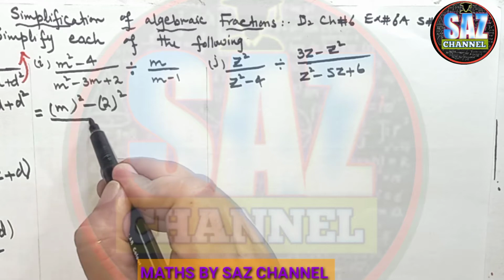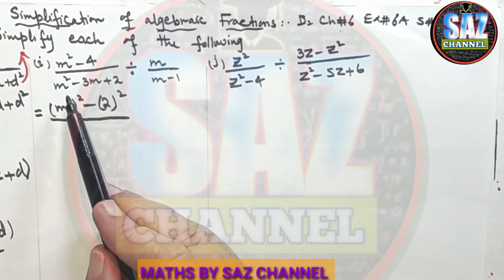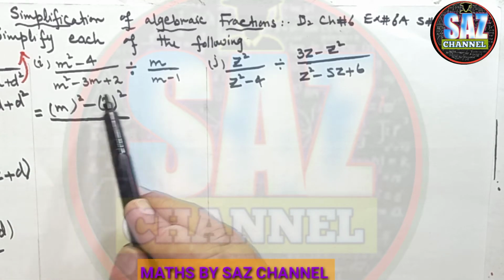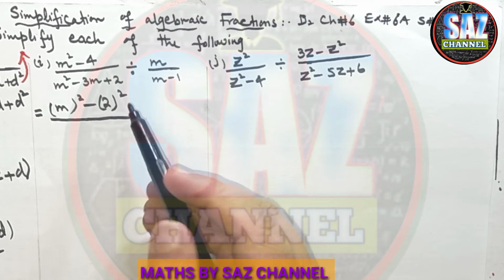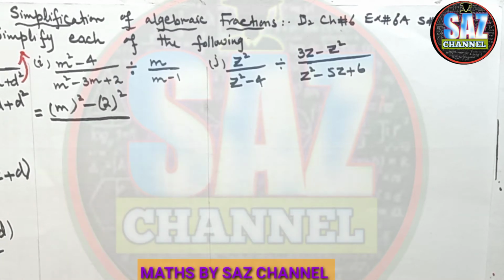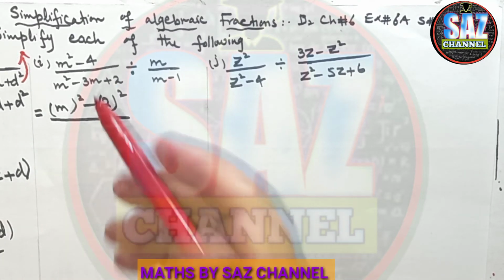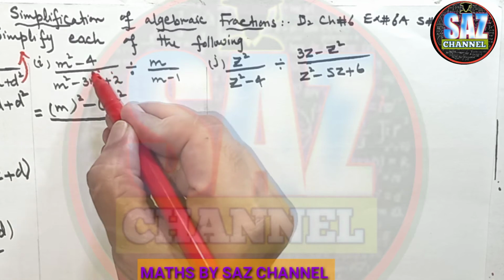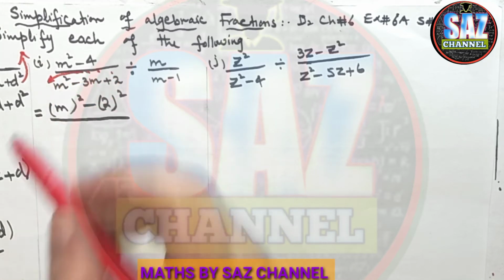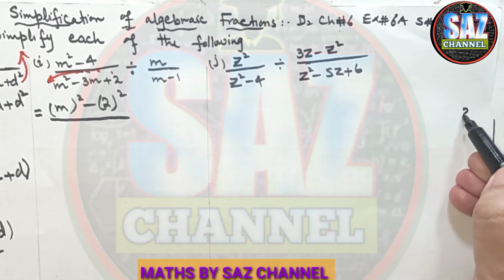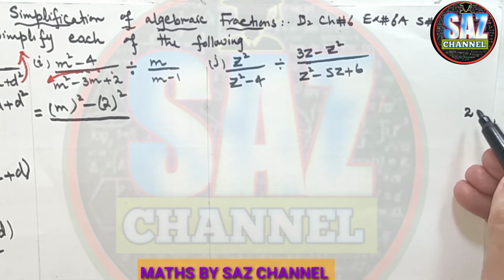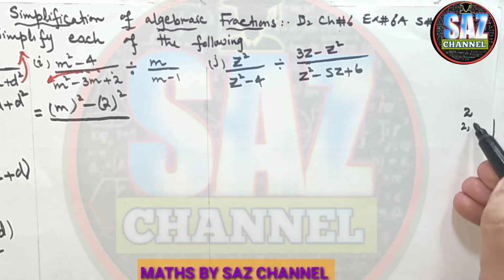Coming to the denominator, we can see that m square minus 3m plus 2, it's the quadratic expression. We have to simplify this by using midterm breakage, and according to that we have to multiply the constant, that is 2, with the coefficient of the term having power 2, and the product will be 2. Then what we have to do, we have to make the prime factors of 2. The factors of 2 are 2 and 1 only.